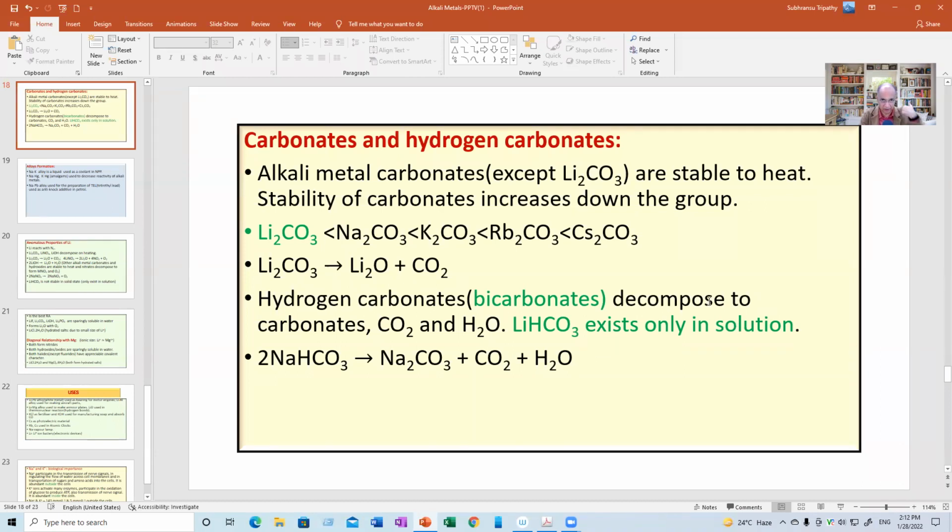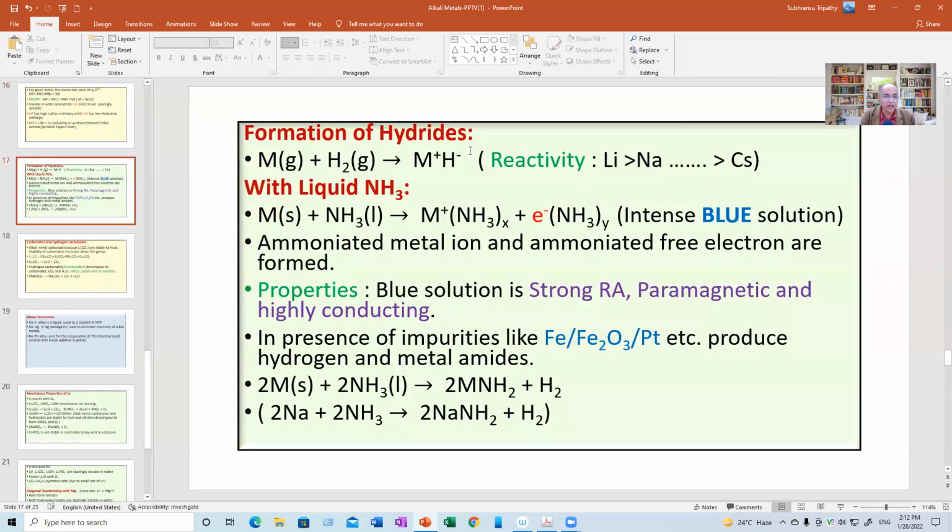That is me. Now, hydrogen can react with the metal. When you heat the metal with hydrogen in the gaseous state, it will produce ionic hydrides, where hydrogen has a -1 oxidation number. And here, the reactivity is just the opposite of what you found in water. In water, lithium is the least reactive and cesium is the most reactive.